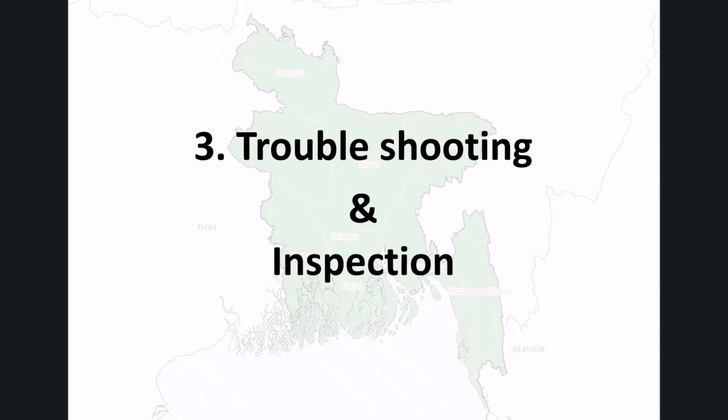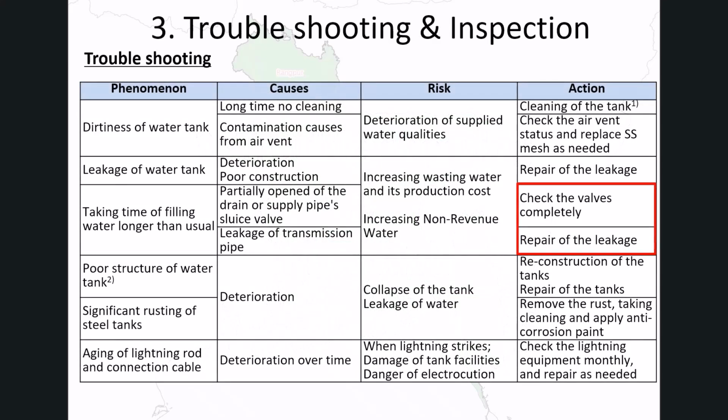Now, we go on to troubleshooting and inspection. Even with proper understanding of the reservoir tank, problems will occur in daily operation. This table shows how to use all the knowledge explained earlier when an actual problem appears in the reservoir tank.